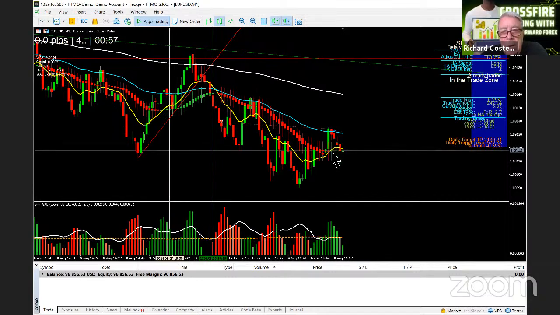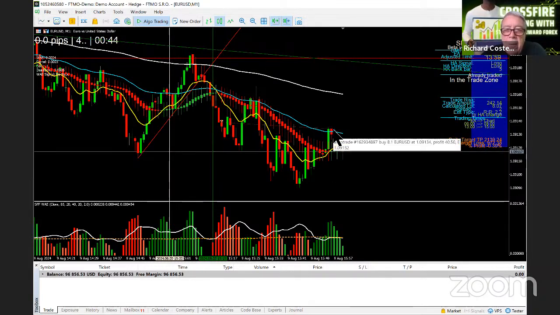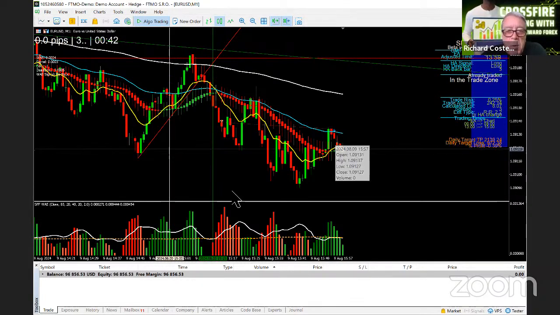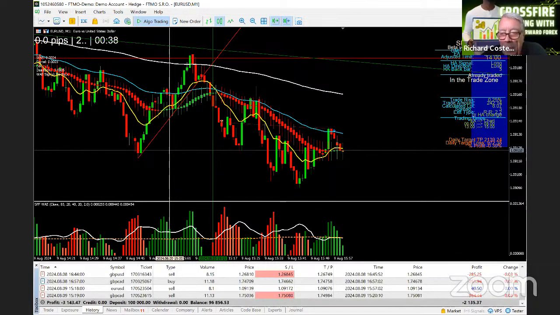So it didn't get me out on the first one, it got me out on the second candle when that green Heiken-Ashi became a red when the red Heiken-Ashi became a green Heiken-Ashi. On that candle, it took me out.